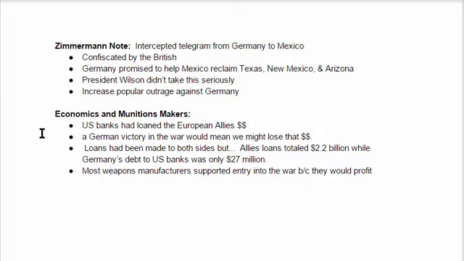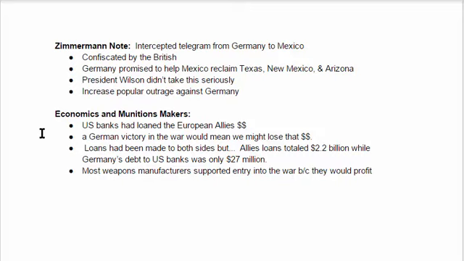The Germans were reaching out to the Mexicans saying, look, if America declares war, and you help us fight against the Americans, we'll make sure that you get back Texas, New Mexico, Arizona, and the other territories that you lost as America expanded. This is another publicity thing that turns against the Germans.